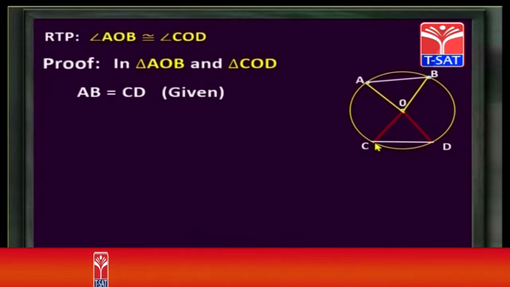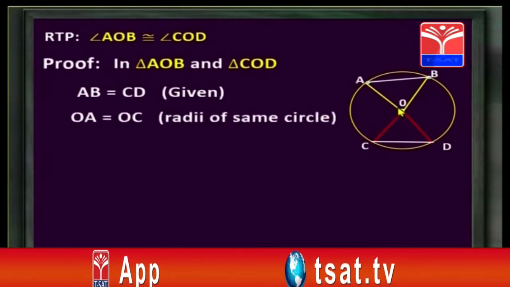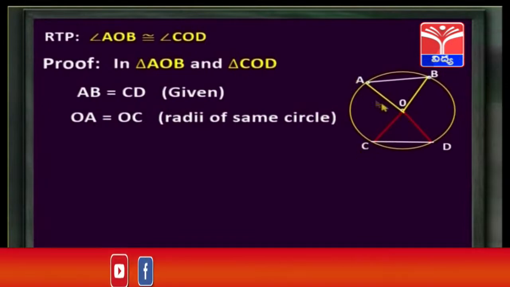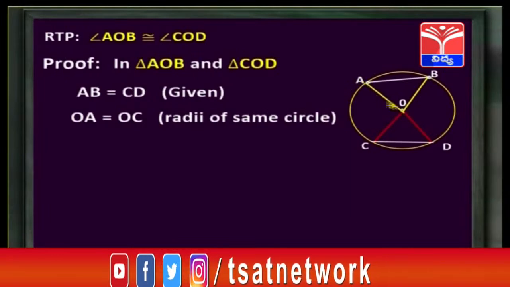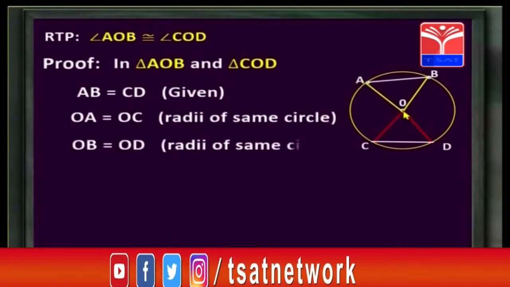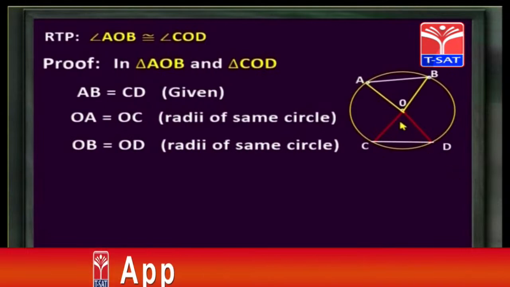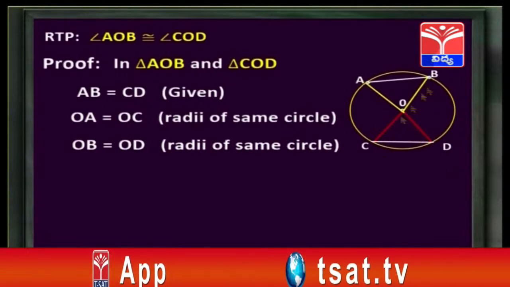And OA is equal to OC. This is OA and this is OC, because both OA and OC are radii of the same circle. Always, radii of the same circle are equal. OB is equal to OD. This is also radii of the same circle.